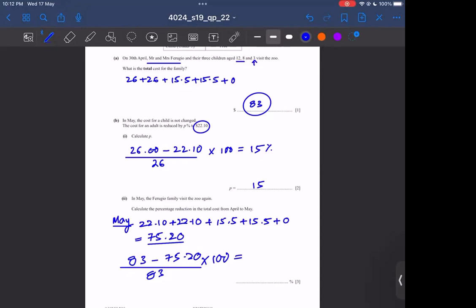Whatever the answer is, multiply by 100, you're going to get 9.397. Up to 3 significant figures, this is the third significant figure, 9. After 9, we have 7. So I'm going to add 1 to the 9. It becomes 10. So basically, it will carry forward. It will become 9.40%.